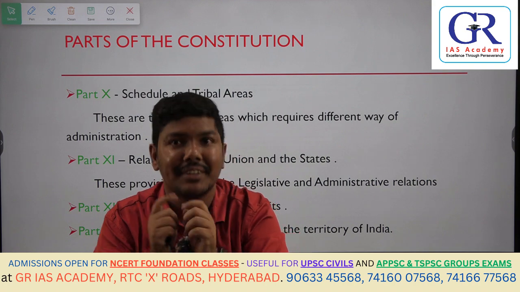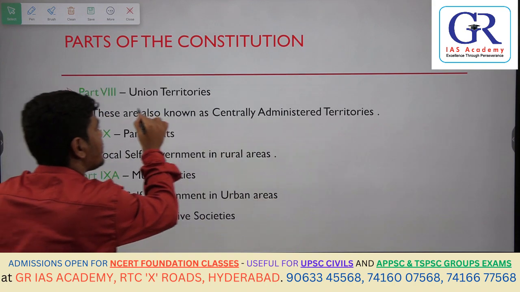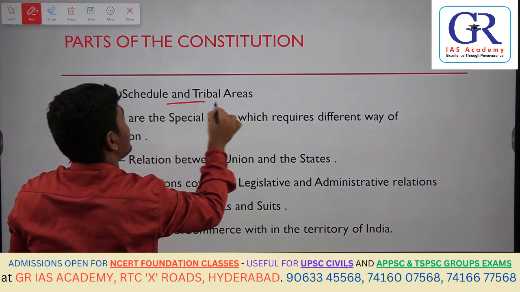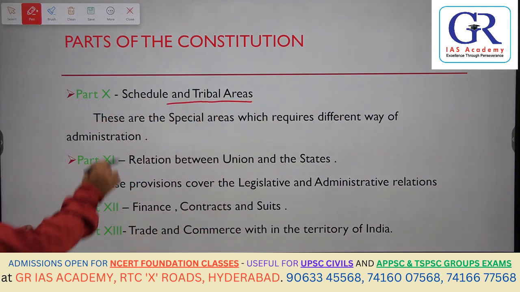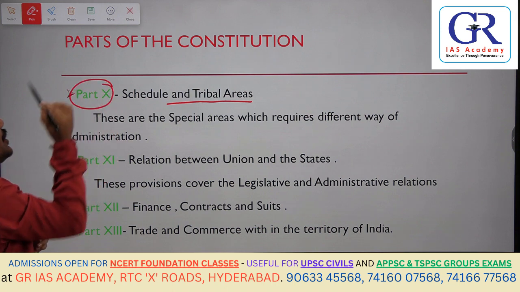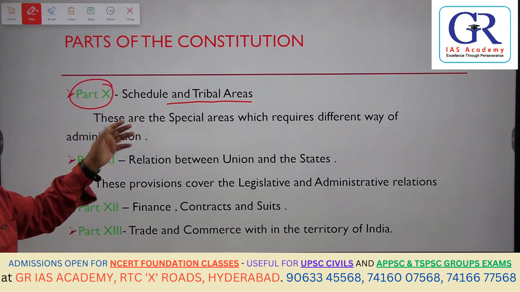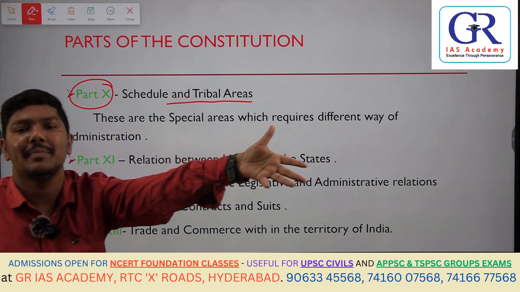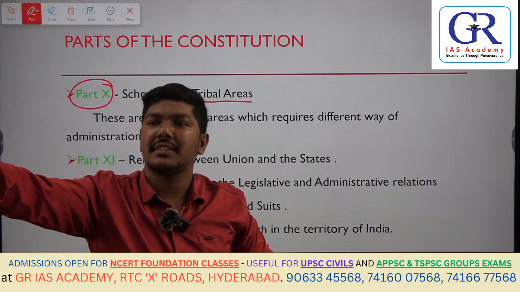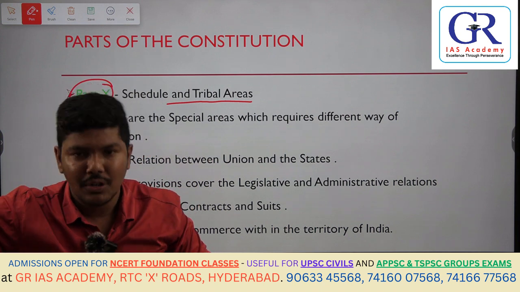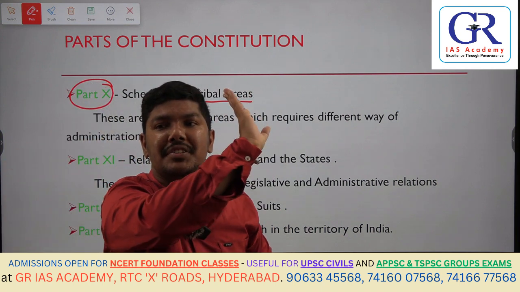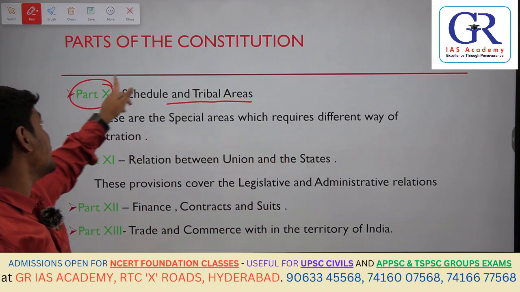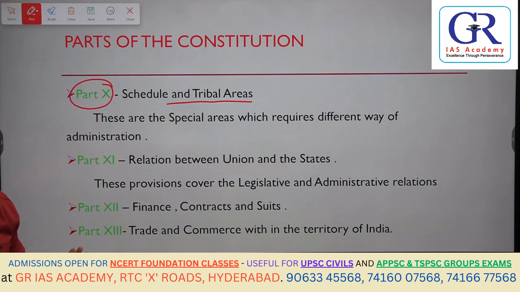That was the reason we designate them as scheduled and tribal areas, and that was mentioned in part 10 of the Constitution. These are special areas with a different way of administration. Whatever you are doing in states, whatever you are doing in union territories, no. A different set of administration is required in these areas called scheduled and tribal areas, and that is mentioned in part 10 of the Constitution.